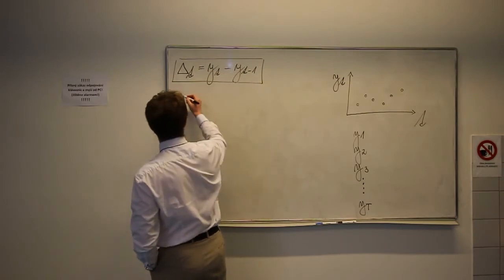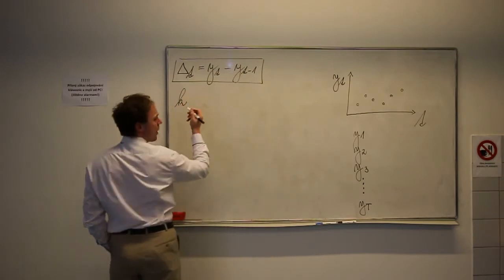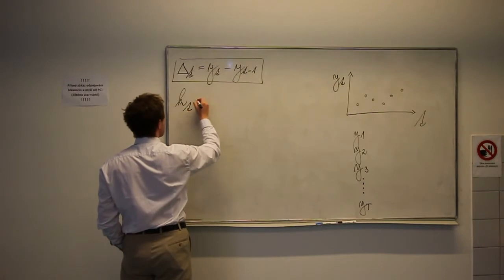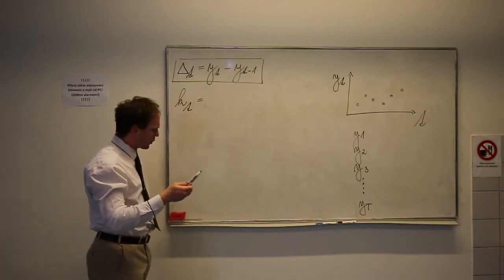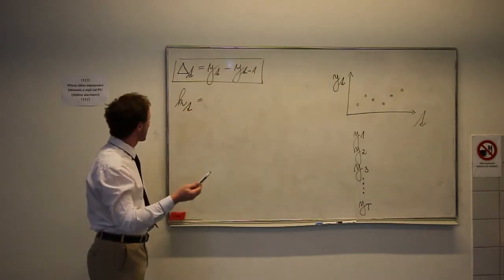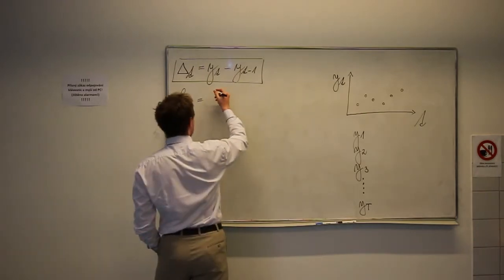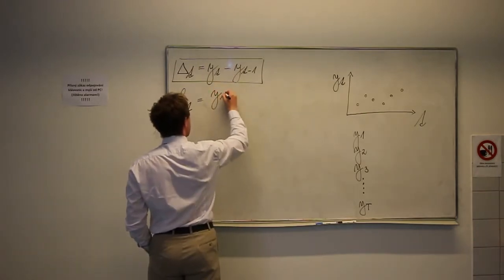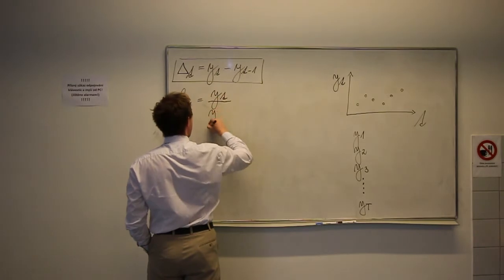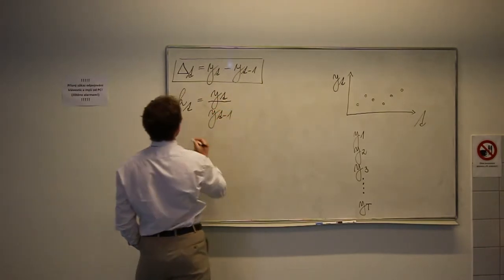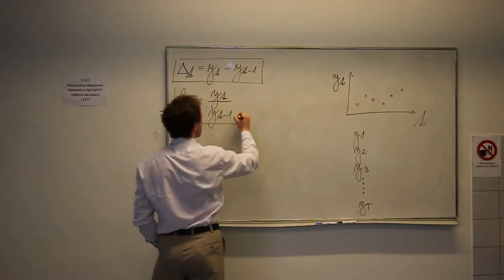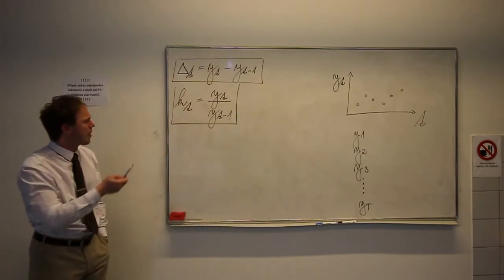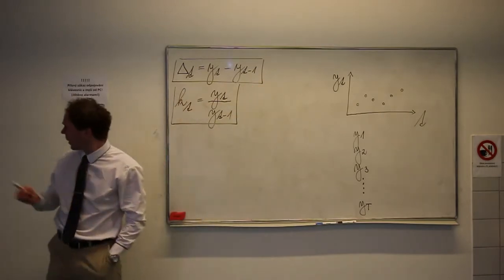We can calculate this also in relative way, k in time t, coefficient of growth, calculated like a ratio y in time t divided by y in time t minus 1, so this is another very simple characteristic.